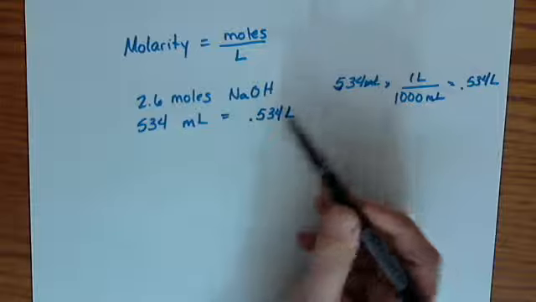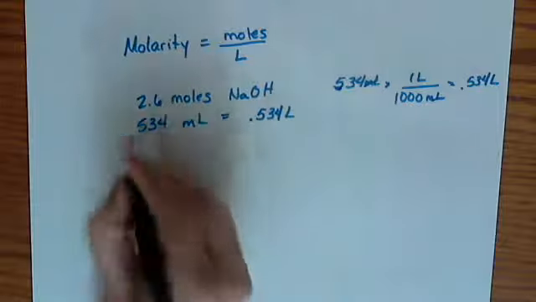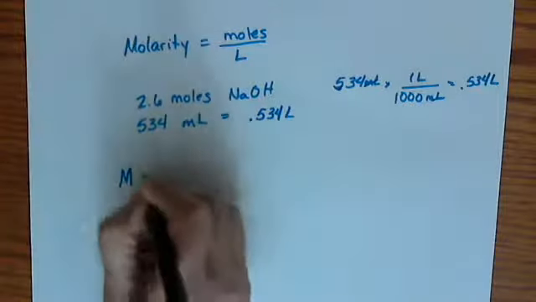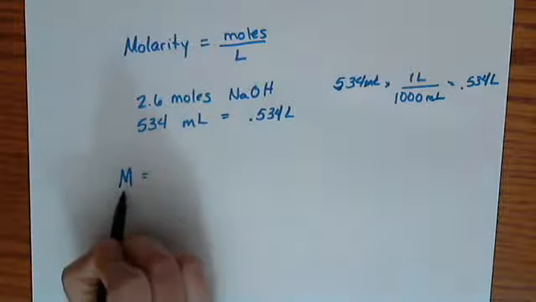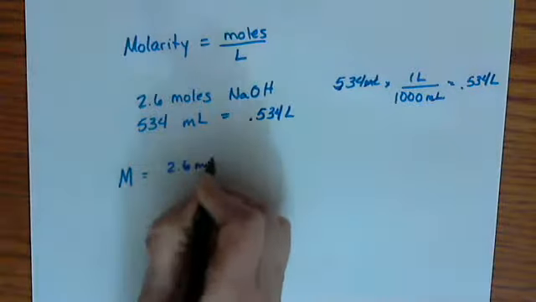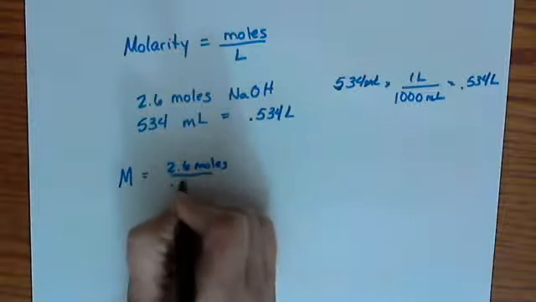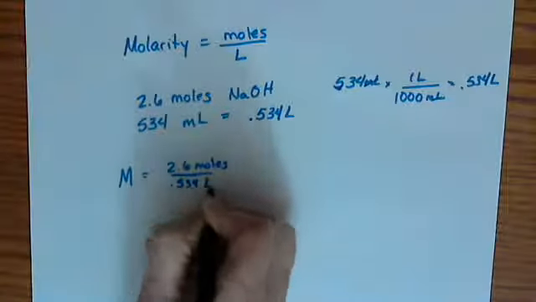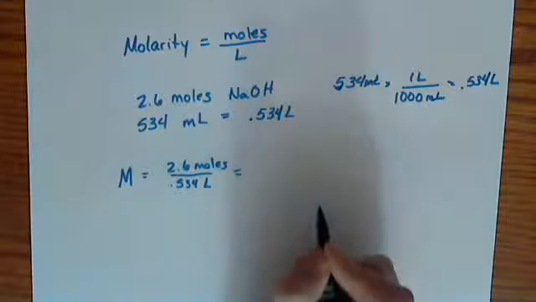So anyway, now that we know the number of moles and the number of liters, to find the molarity, capital M, always a capital M, never ever a lowercase, we are going to do 2.6 moles divided by 0.534 liters. And when we do that, you can put those numbers into your calculator.